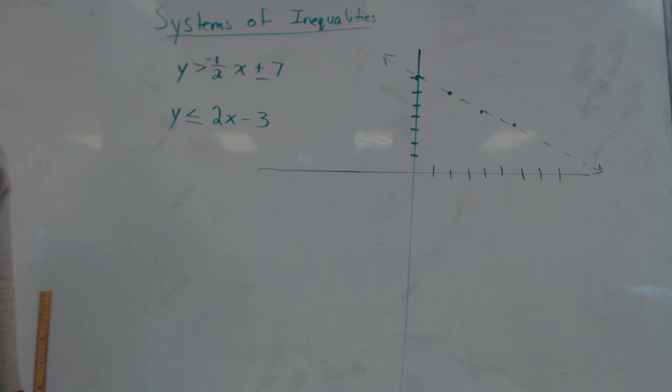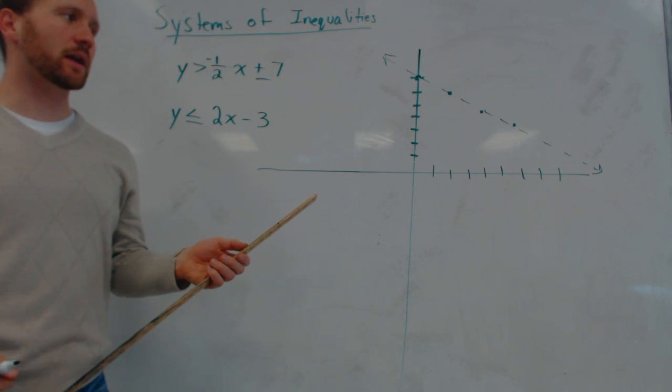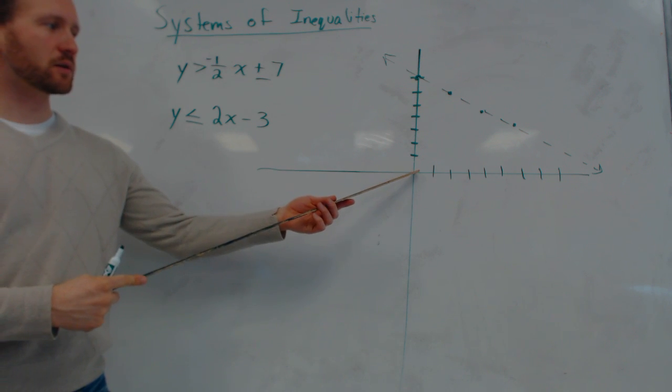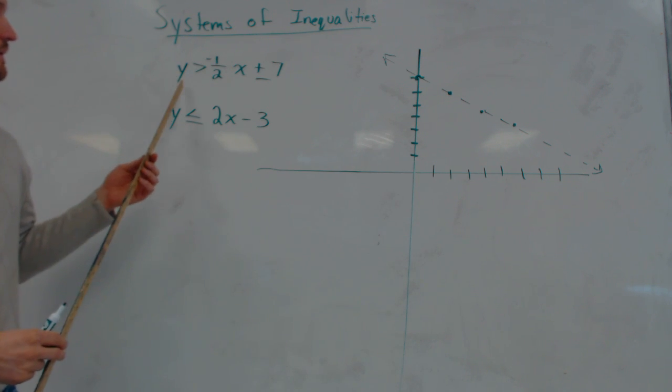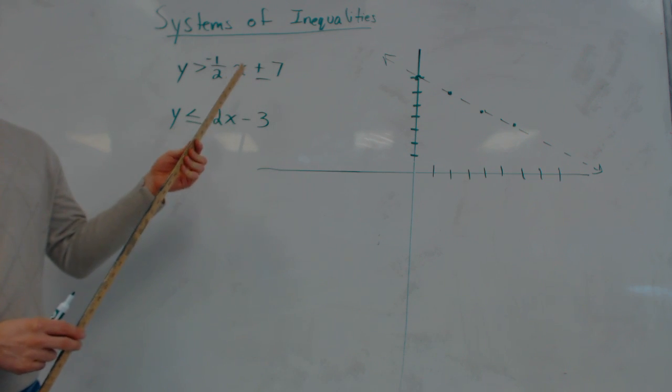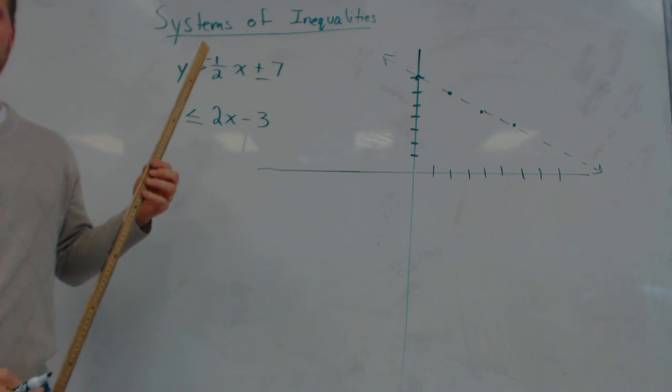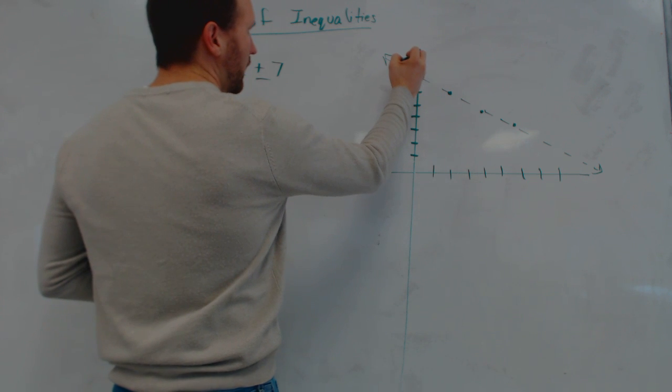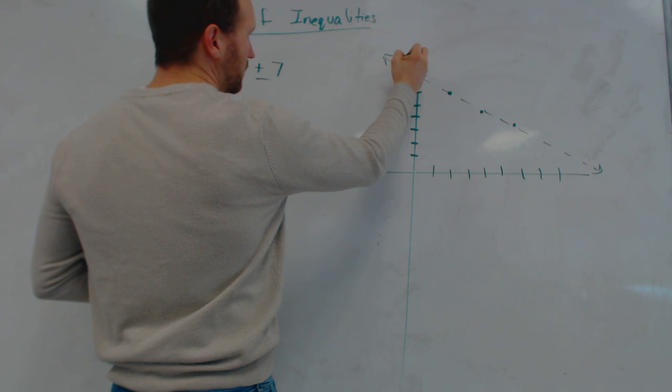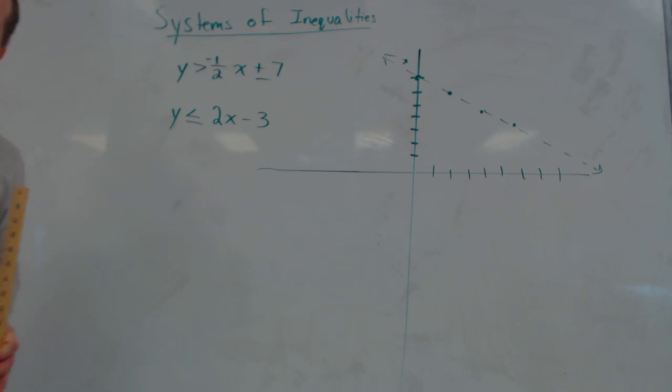And this is a little bit different than just graphing an inequality. What I do next is figure out which side I would shade on. So let's plug in the point (0, 0). 0 is greater than 7. That's false, right? So we would shade this way, but all I usually do is make a little note to myself that I'm shading that way, and you'll see why in a second.